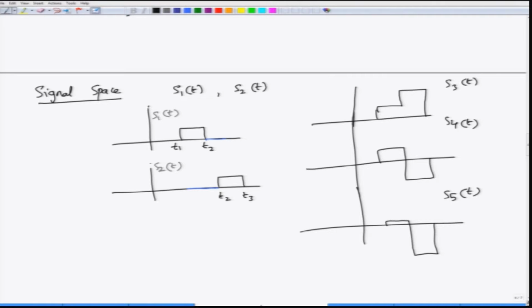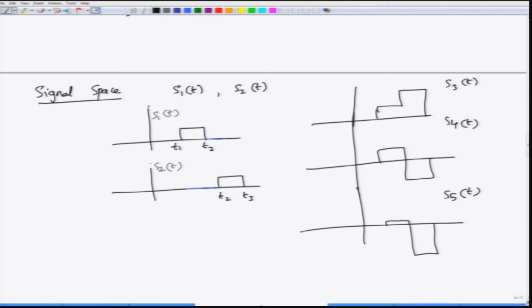In this case, you can see that S2 of t has been multiplied by some larger number and then added to S1 of t. Here you can see that S2 of t has been multiplied by -1 and added to S1 of t. Here you can see that S1 of t has been shrunk, whereas S2 of t has been expanded in the reverse direction, that is by multiplying it by minus of a large quantity.